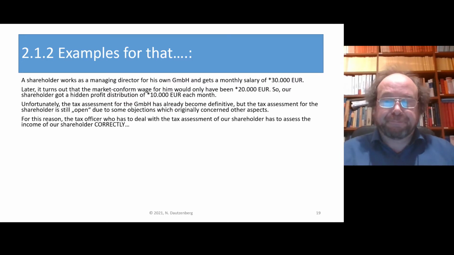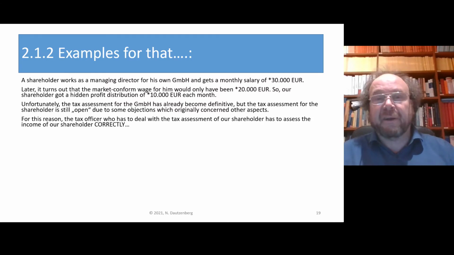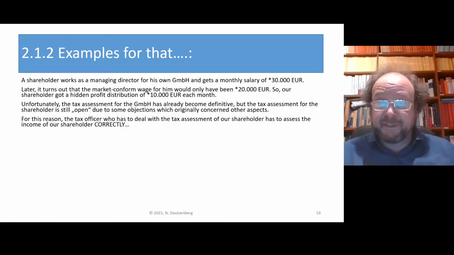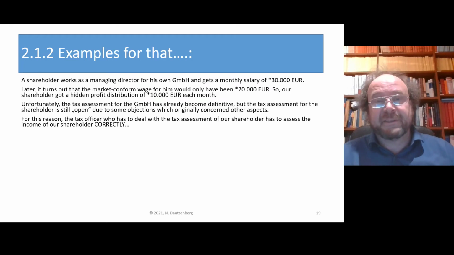And now the tax assessment of the shareholder is still open, can still be changed, because due to some objections related to some totally different things, the shareholder and his tax advisor have a correspondence and a quarrel or dispute with the fiscal office already over several years, and the tax notice has still not reached its final stage. Tax assessment is still going on.